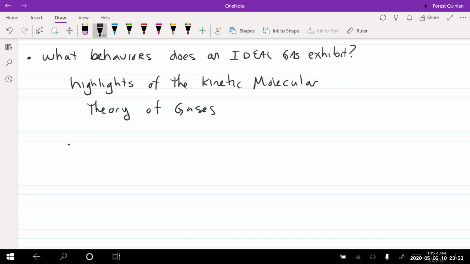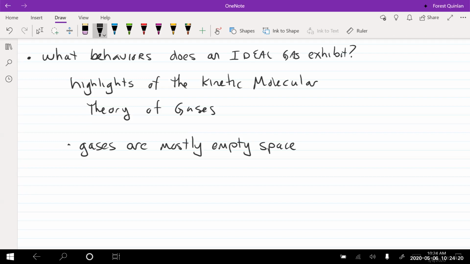One, gases are mostly empty space. Now that should be kind of a duh. You know, we're looking out and we can see for miles through this gas, but it needs to be said that they are mostly empty space.